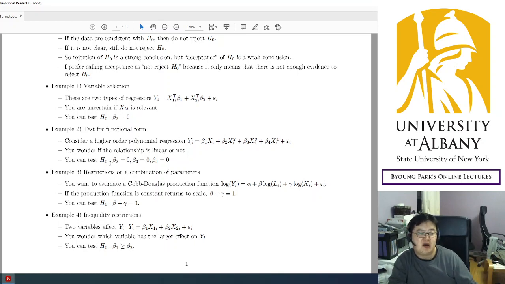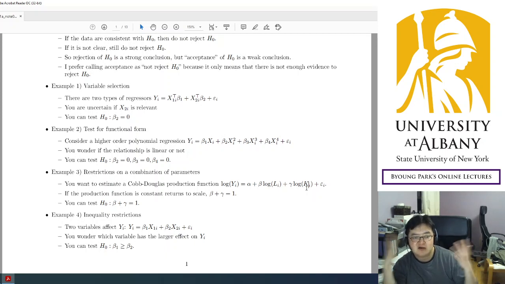Or you may consider some restrictions on a combination of parameters. For example, if you think about a production function estimation, y is the output, L is labor, K is capital, and the Cobb-Douglas function implies log of y is a linear function of log L and log K. And then you may be interested in whether the production function has constant returns, or increasing returns, or decreasing returns to scale.